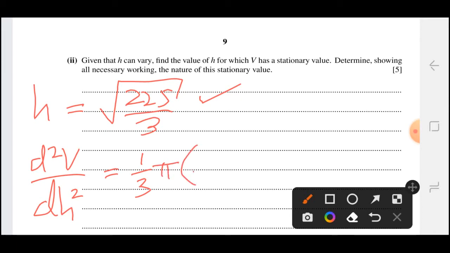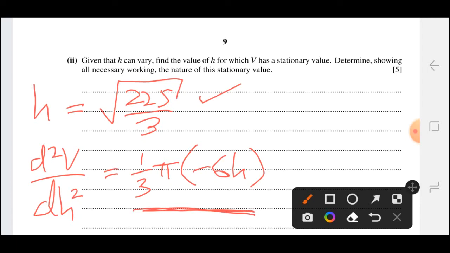We get this when we differentiate dV/dh with respect to h. We get this. Now since h is positive, this expression here is always negative, which means d squared V over dh squared is negative.